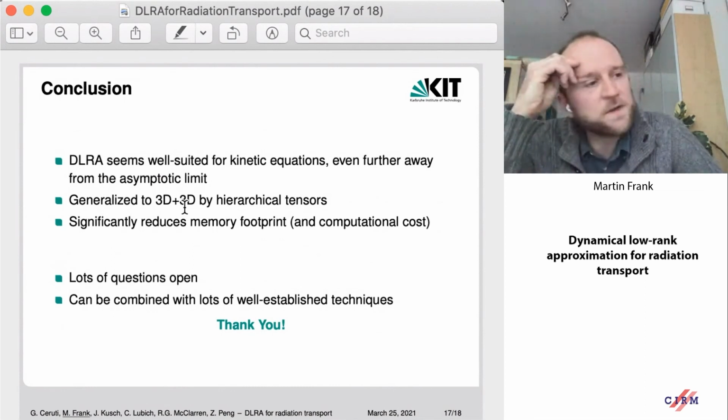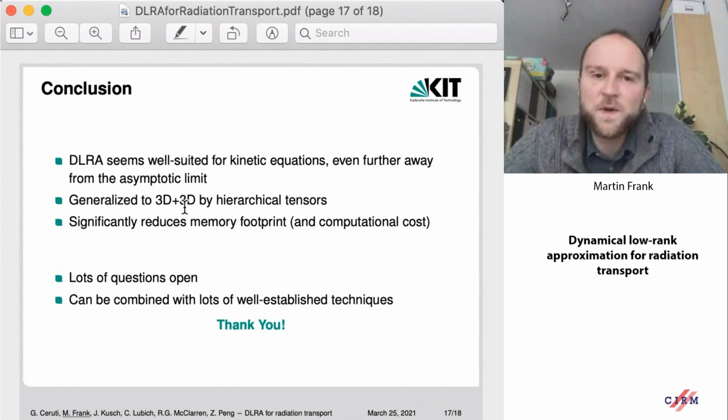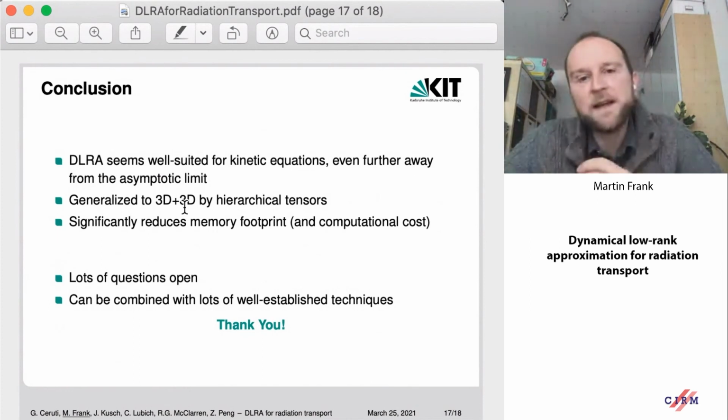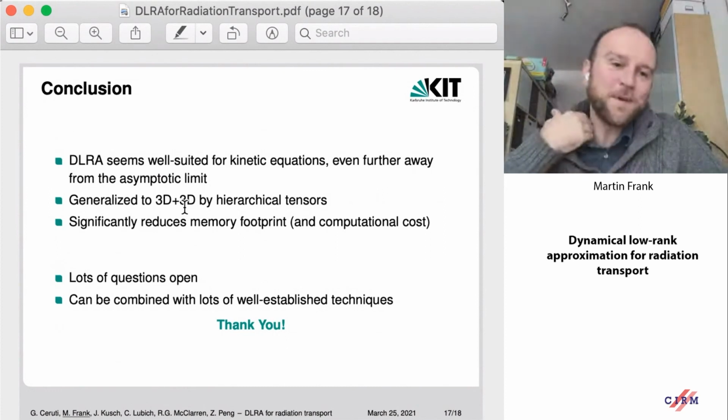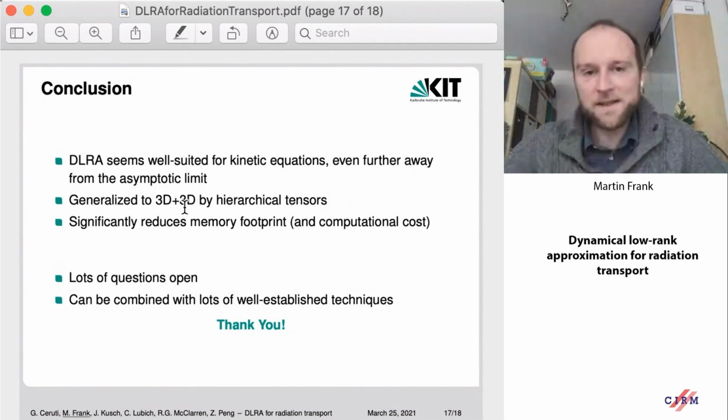One thing I want to stress again: there is a philosophical difference between dynamical low rank and the concept of sparsity. Sparsity means I do a numerical discretization in some way, a huge tensor. If I do a 3D plus 3D kinetic density, this has 6 indexes. It's a 6-tensor.